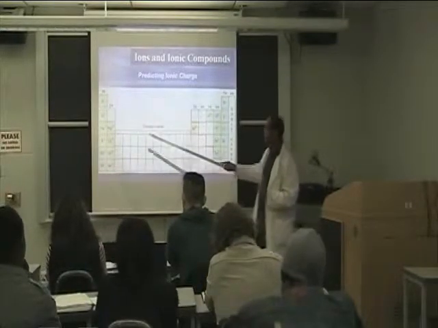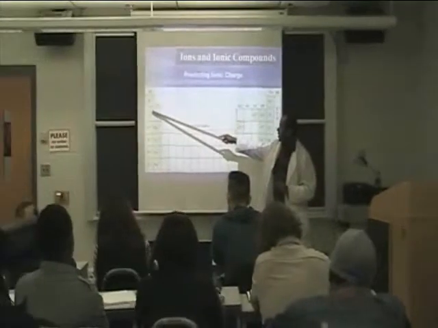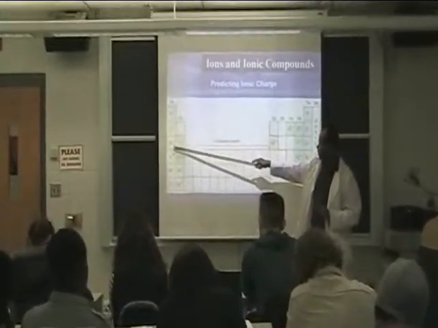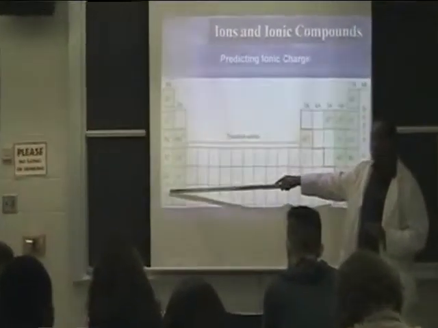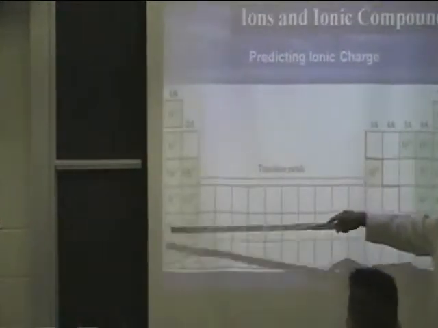Meaning to say, for example, you take lithium, sodium, potassium, rubidium, cesium. What do they have in common? What is the common thing they have here? They have one charge. All of them have one charge. You will never see sodium or potassium in any compound with a charge other than +1.